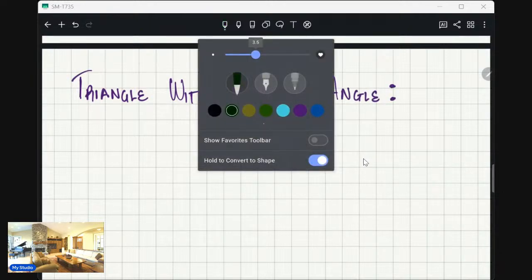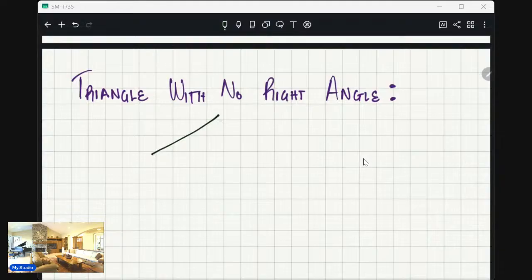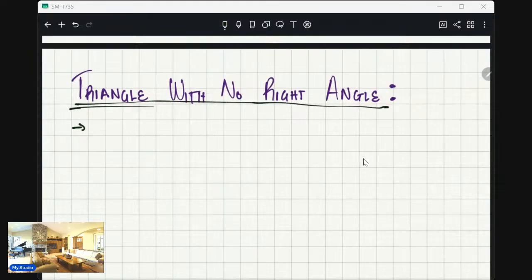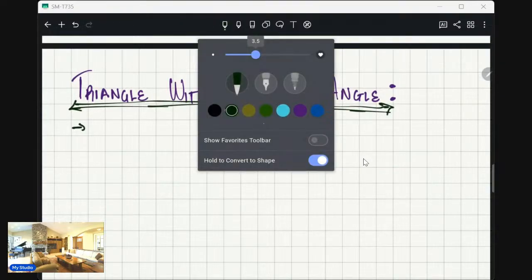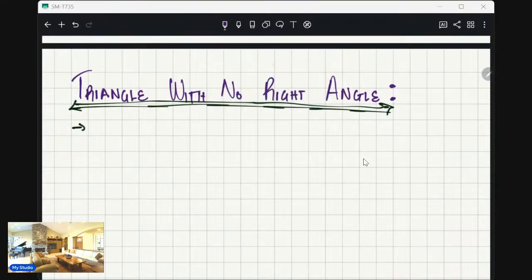Now, when you're doing triangles with no right angle, you have two methods. Remember, we are not talking about finding the area here. When we're finding the area, we have three formulas, and they are separate from this. We are talking about finding a missing side or a missing angle, right? This is the one we are talking about right now.